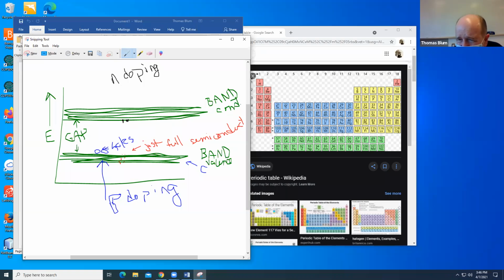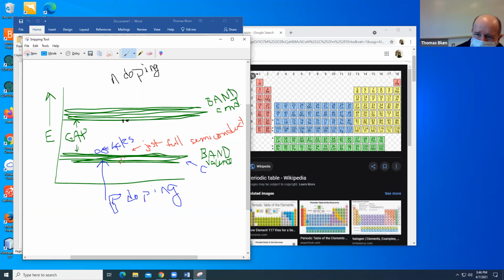So whether you p dope or n dope, you improve the ability to conduct. You improve the conductivity. So that's doping. You had some pure semiconductor, you bring in a small percentage of atoms that are nearby and have a slightly different behavior, similar but slightly different.